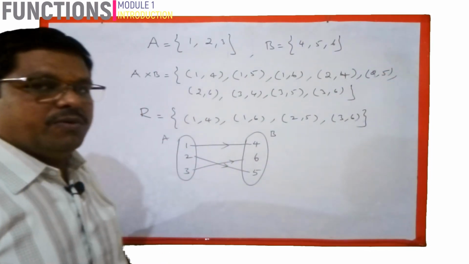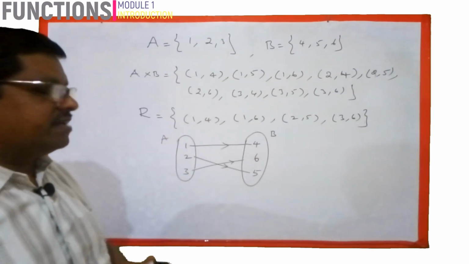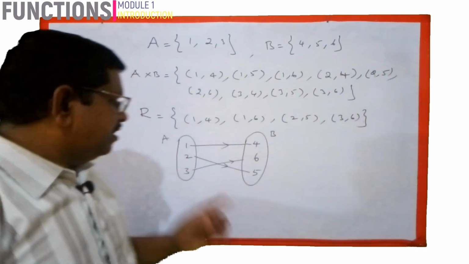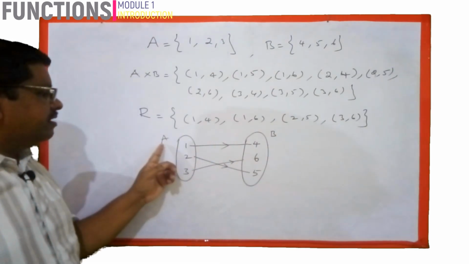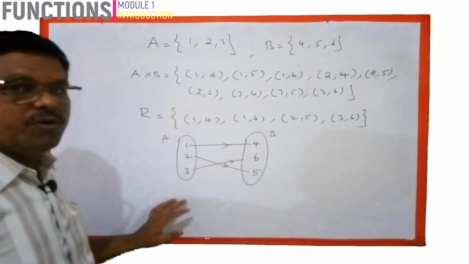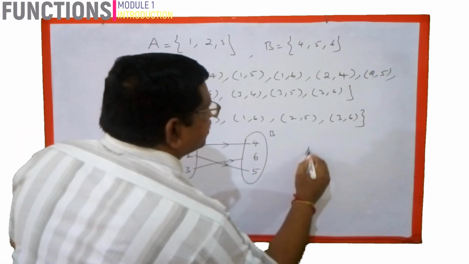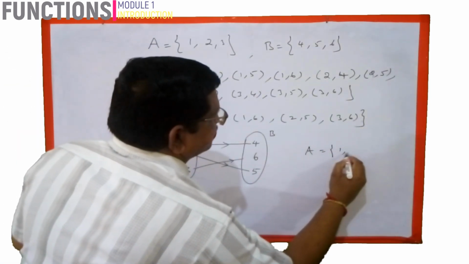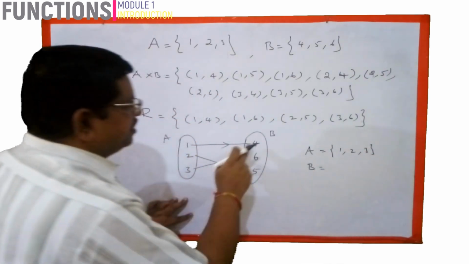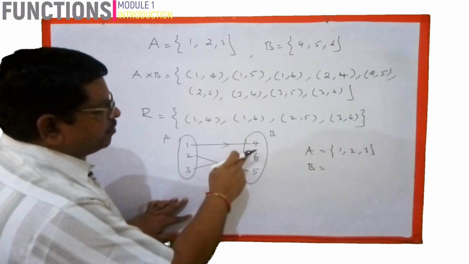Okay, now can we call this relation a function? Look here, the numbers 1, 2, 3 are present in set A, so set A is called the domain, and set B has the elements 4, 5, 6.